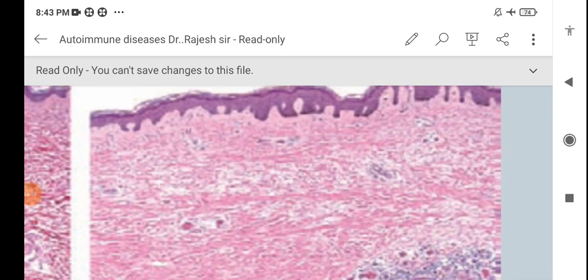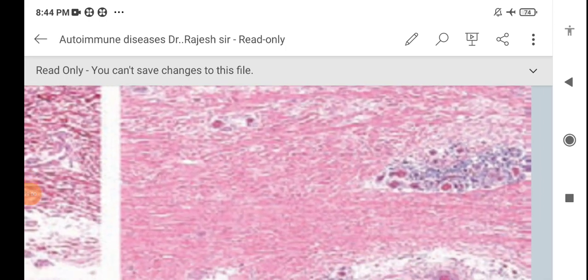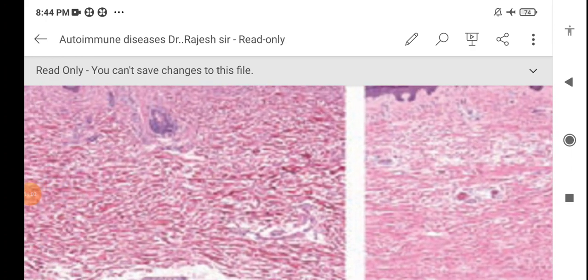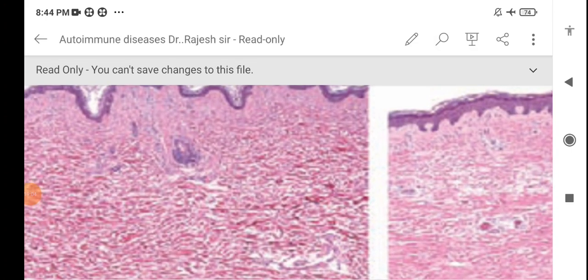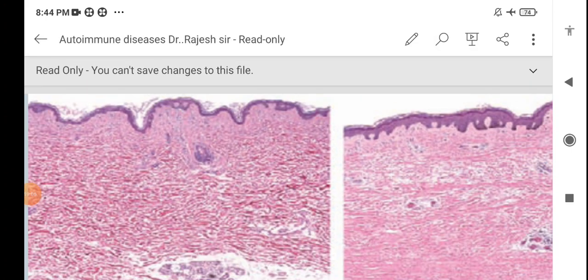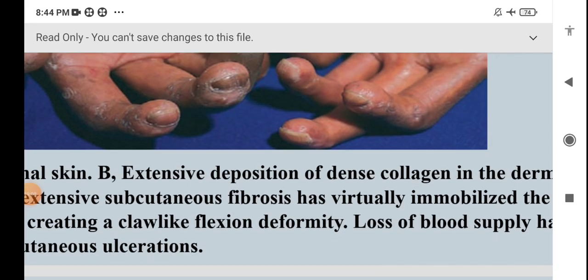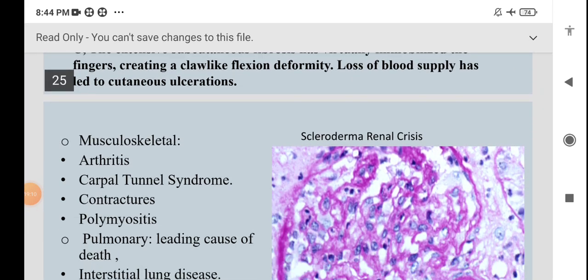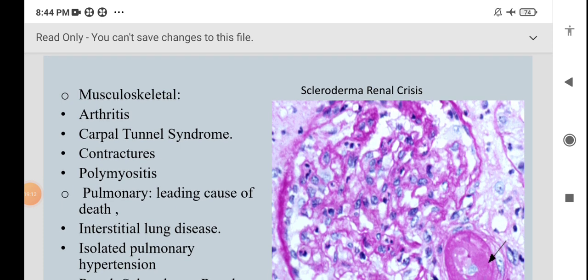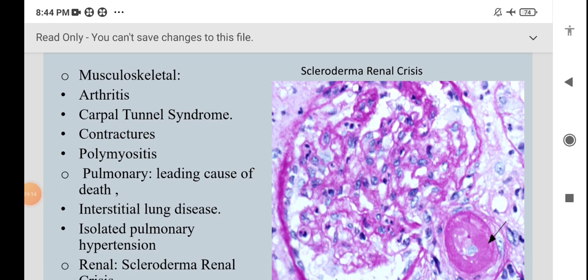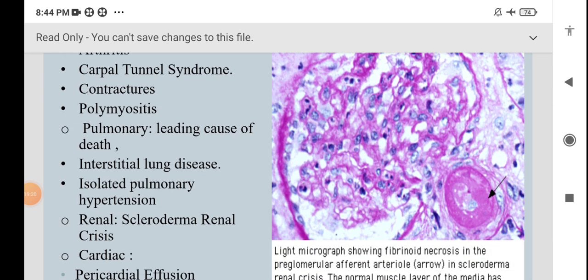So extensive collagen fibrous tissue here, fibrosis, very thinned out epidermis you can see. So renal crisis. So we can see come across the renal crisis here.